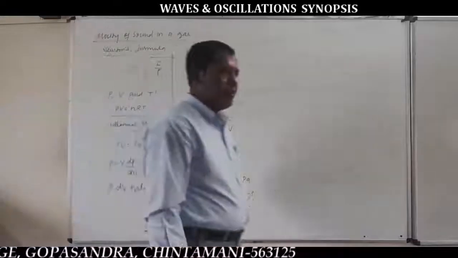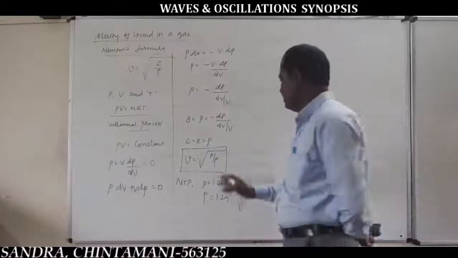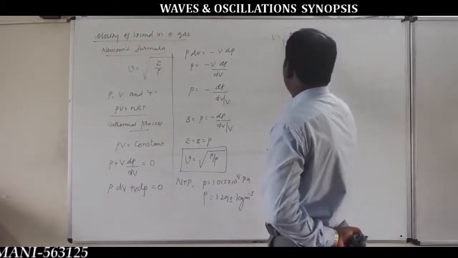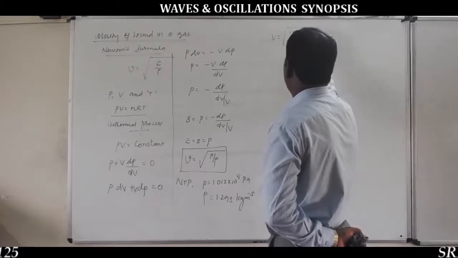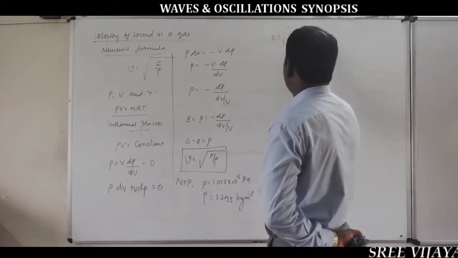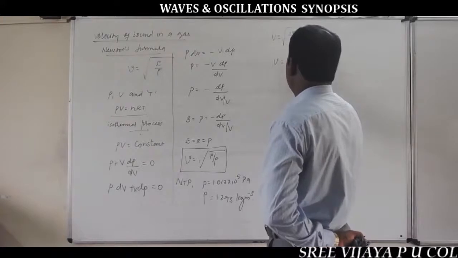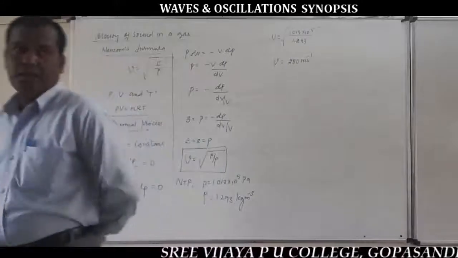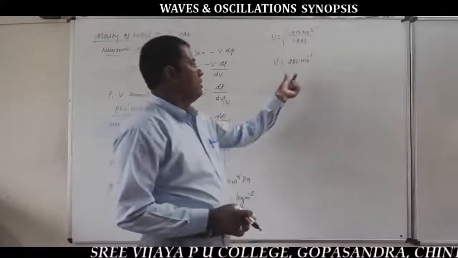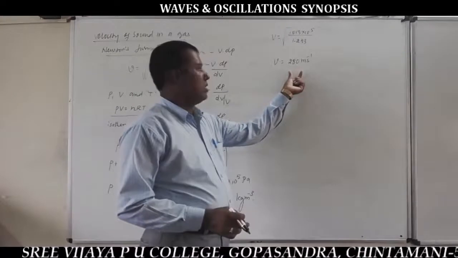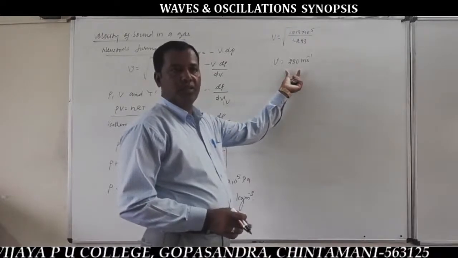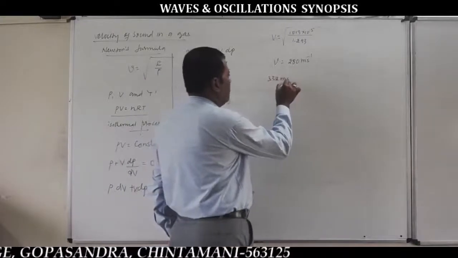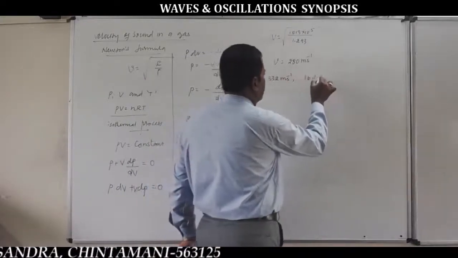Upon substituting these two values in Newton's formula, that is V is equal to square root of 1.013 into 10 power 5 by 1.293, it comes out to be 280 meter per second. This is not in good agreement with the speed of sound in gas which is experimentally determined. It is around 332 meter per second. So nearly there is a 16% error.